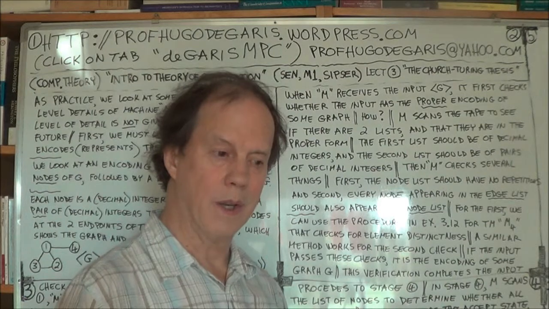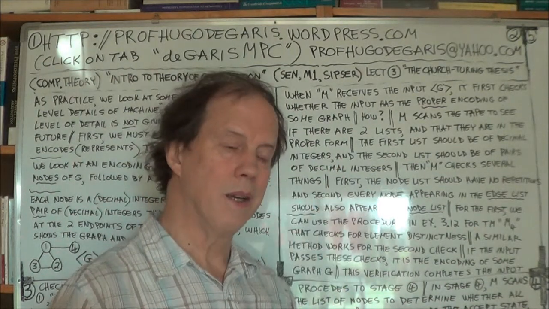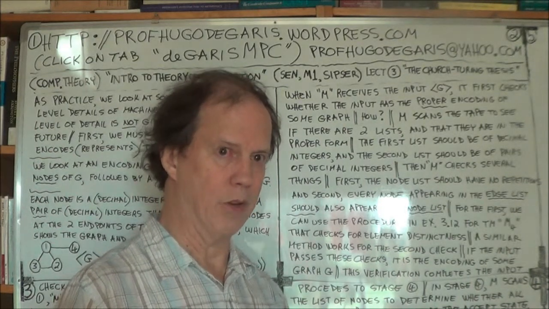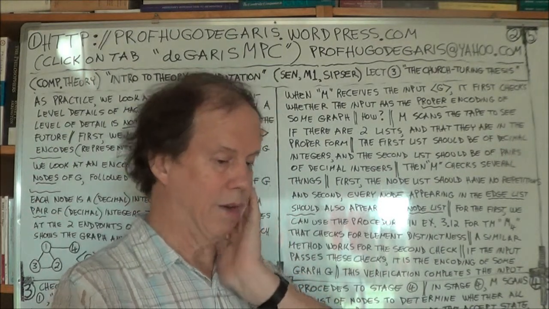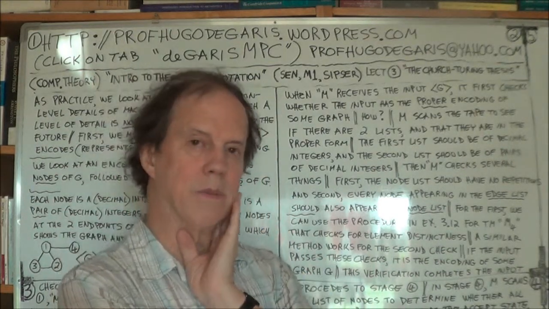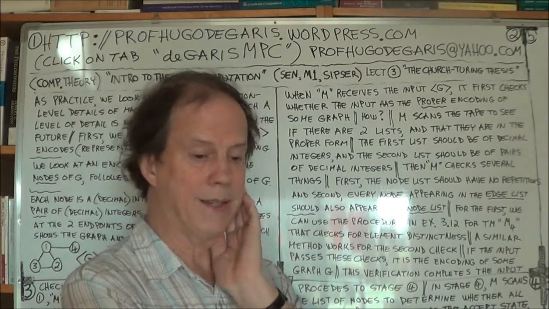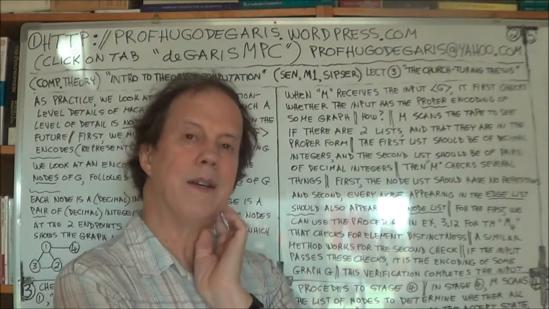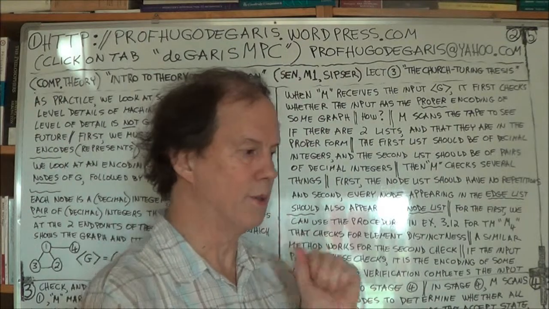In other words, you're going to check that there are two lists. One is a list of the nodes. So you'll check the format that there is a list of decimal integers, and you'll check that there's a second list, and that list consists of pairs of decimal integers. Okay, that'll be pretty well the first thing you do.